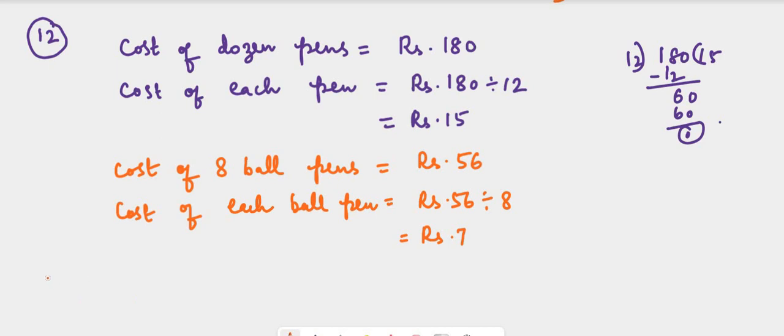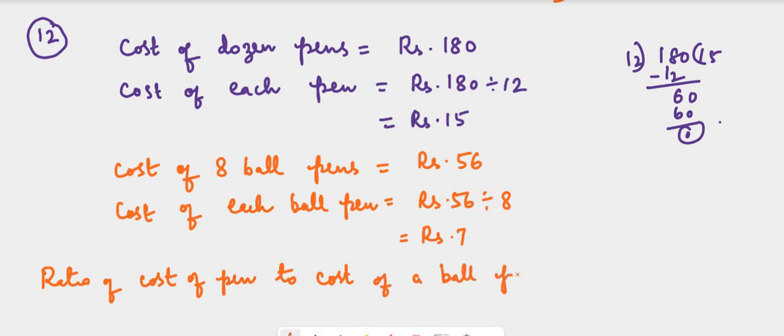Now come to the question. Ratio of cost of pen to cost of ball pen is equal to rupees 15 to rupees 7.